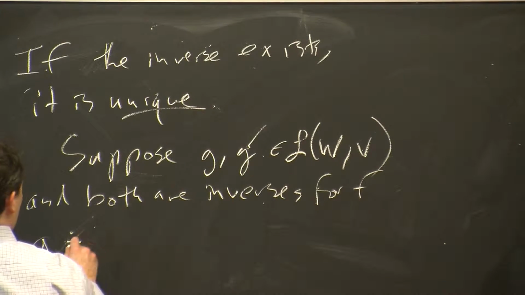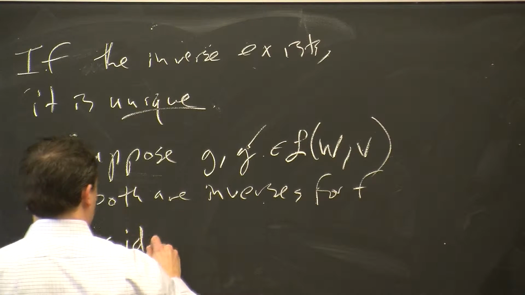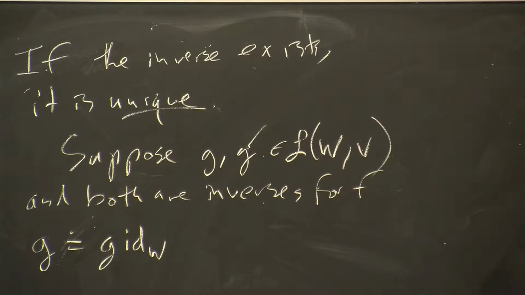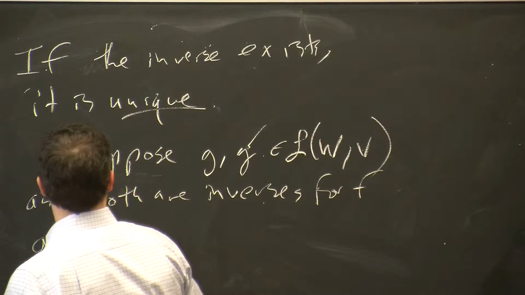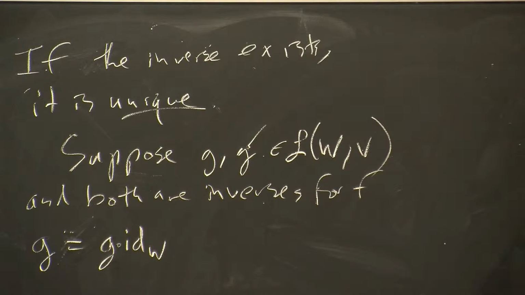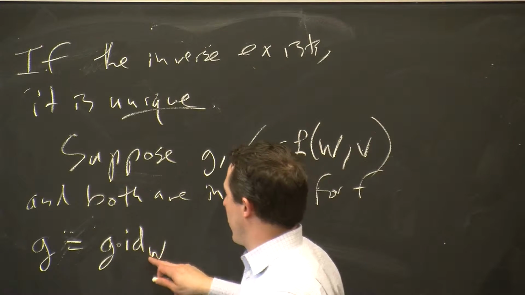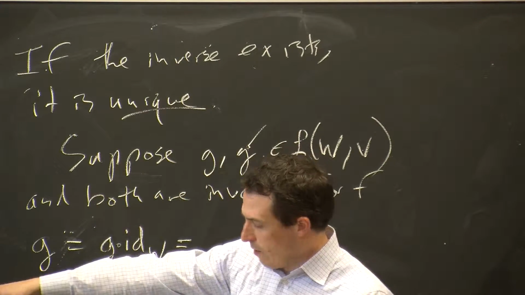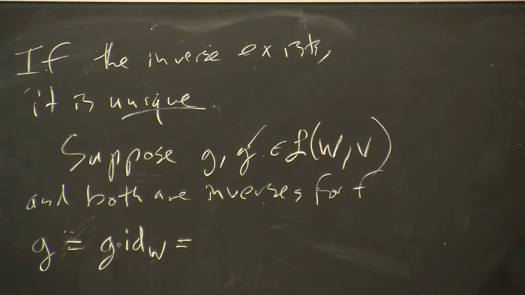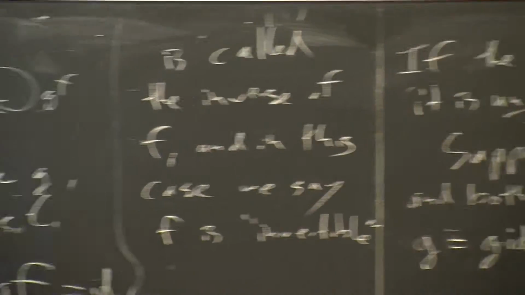Right, G is equal to G composed with the identity on W. And I'm omitting the little composition circles from now on. We usually don't write them when we're multiplying linear transformations. So G, I can always compose on the right-hand side with the identity on W and get the same thing. But by definition of inverse, identity on W can be obtained by either GF or G prime F.